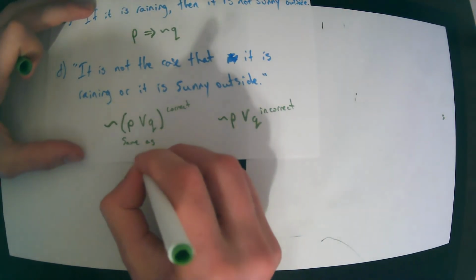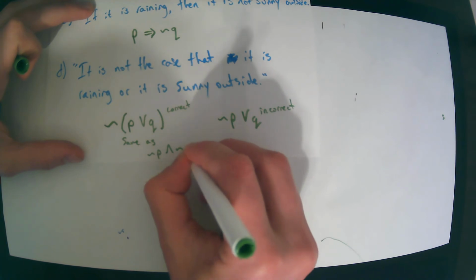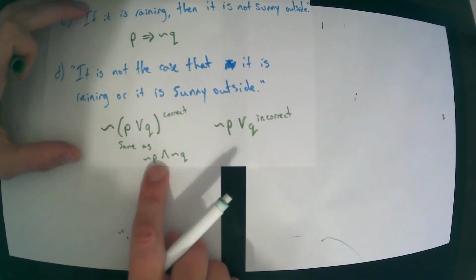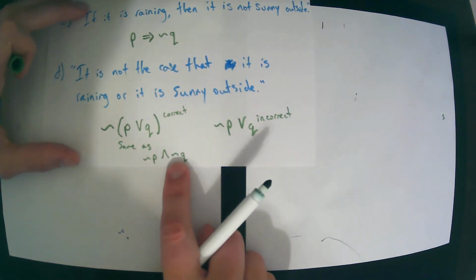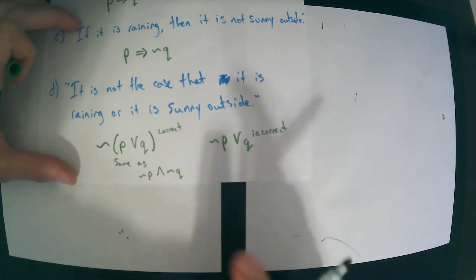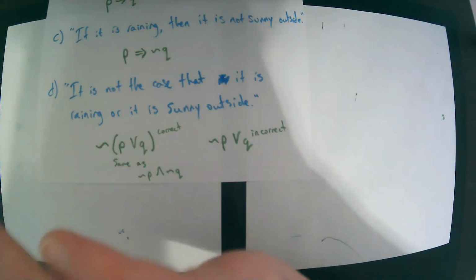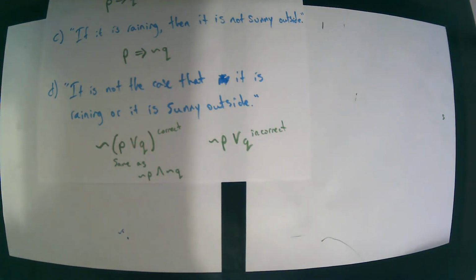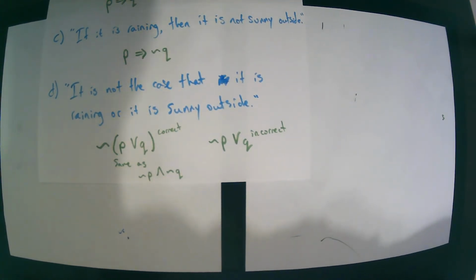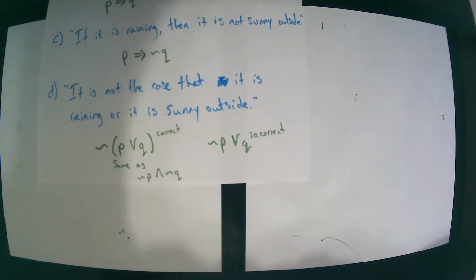So it's the same as saying it's not raining and it's not sunny outside. And this is actually a theorem that we're going to talk about more in section 3, I think it's 3.3, I don't remember. But anyways, it's a good little exercise to think about how this and this could be logically equivalent to each other.